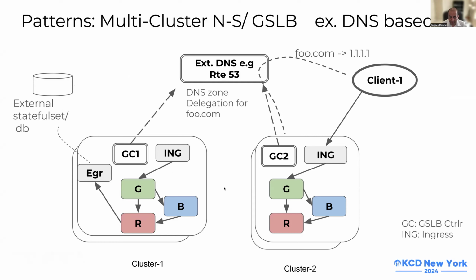This is actually one of the demos that we'll see at some point, so we'll see this in action. So essentially, this is one way of achieving the north-south global load balancing pattern.